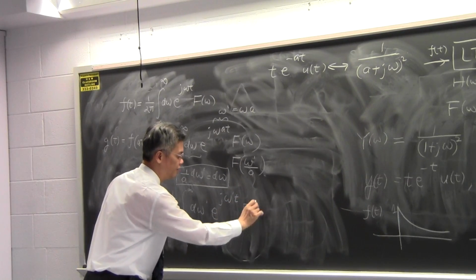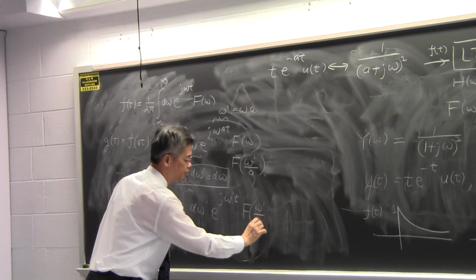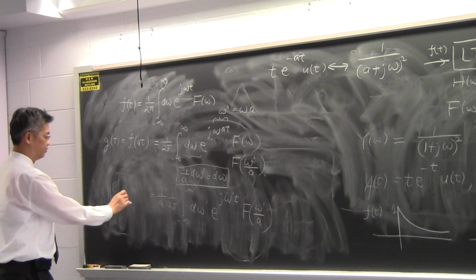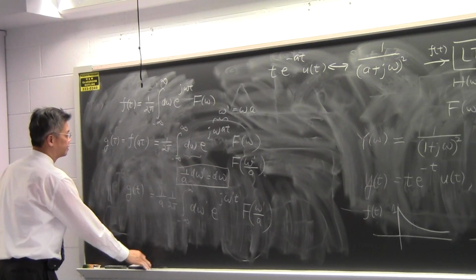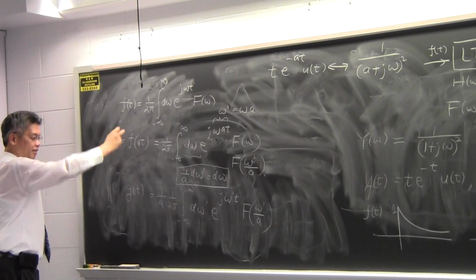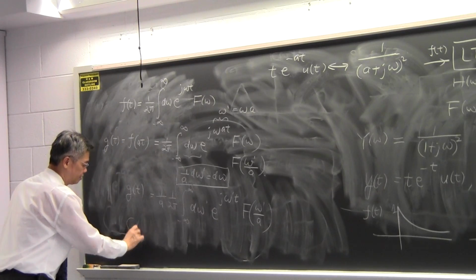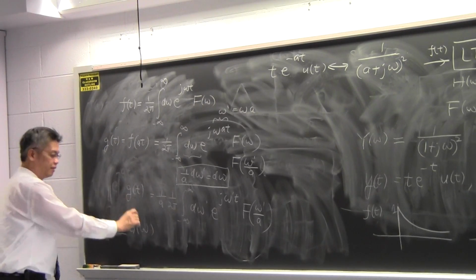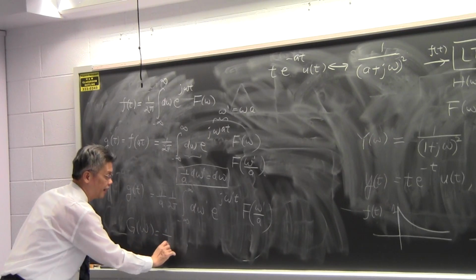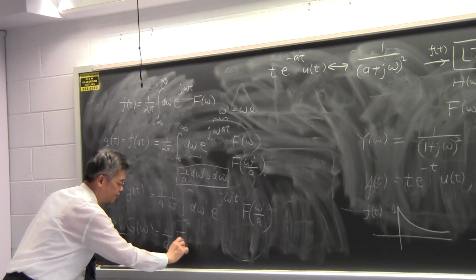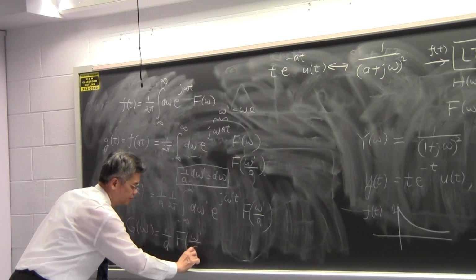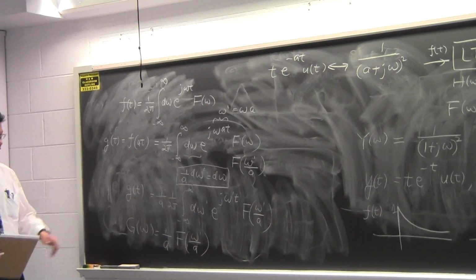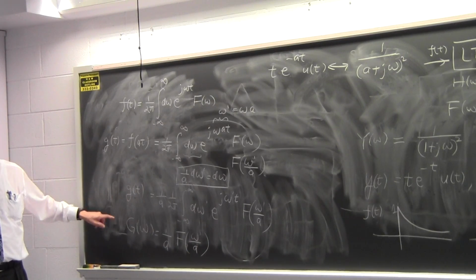And then I will have f of omega prime over a. Okay, so what it says is that if you change a function by changing its argument, then the Fourier transform of the new function is equal to 1 over a f of omega prime over a. That is the scaling law.